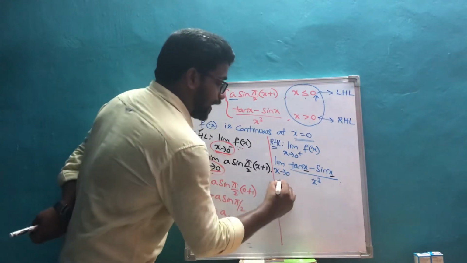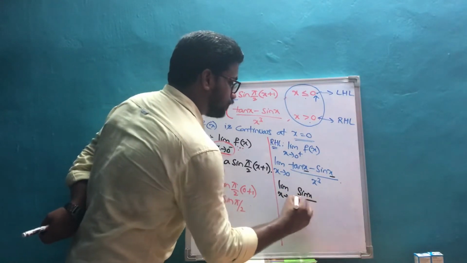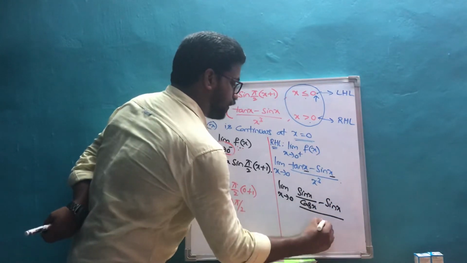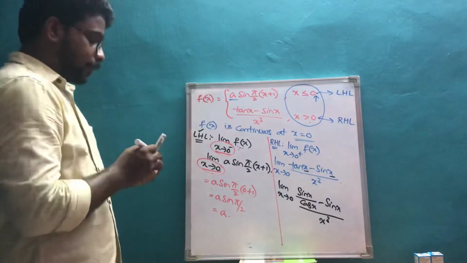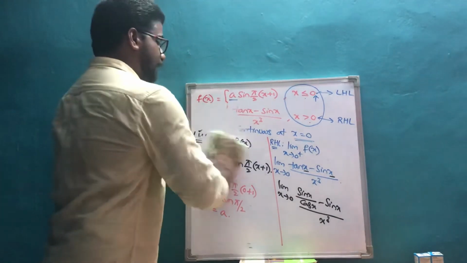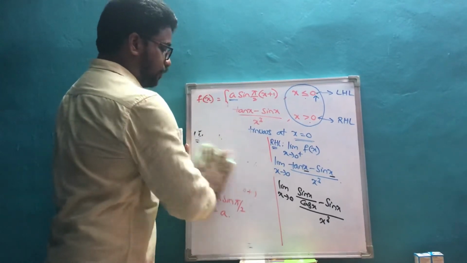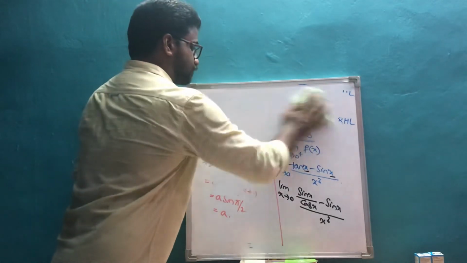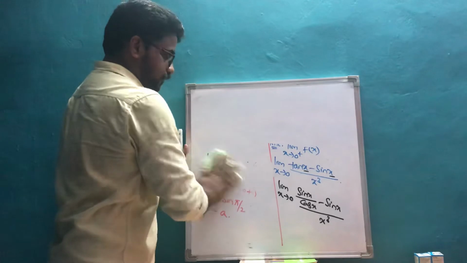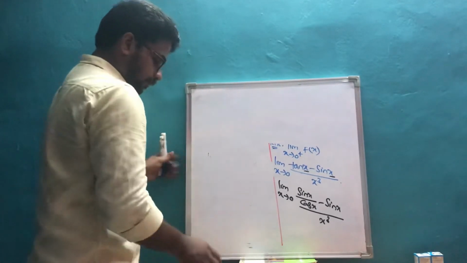So this tan x can be written as sin x by cos x and then minus sin x whole divided by x cube. So you can just observe here, I can modify this function by taking sin x as a common. Why I have to take sin x as a common, you can just observe here. In both the two terms in the numerator, sin x can be taken as a common.